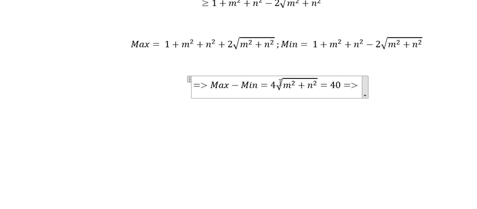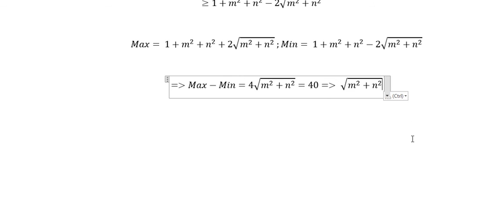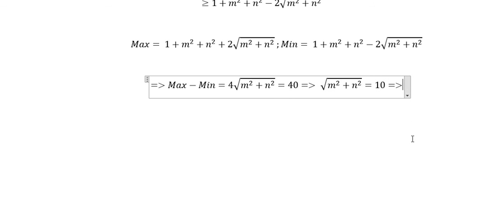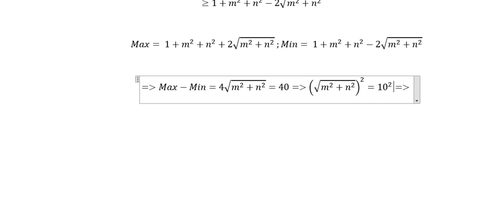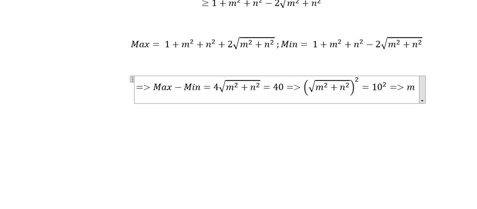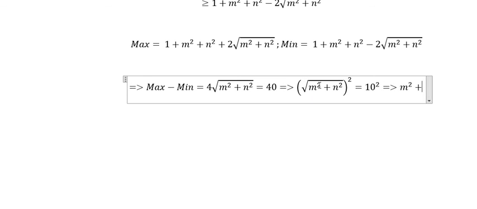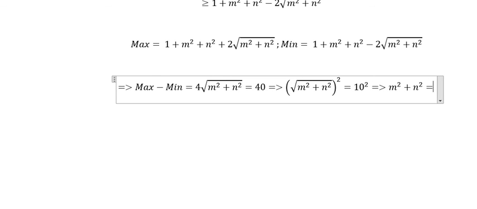Then we find that the square root here is 10, and we put the power 2 on both sides, and we get m power 2 plus n power 2 equal to 100.